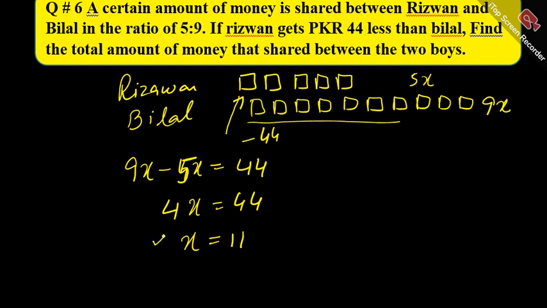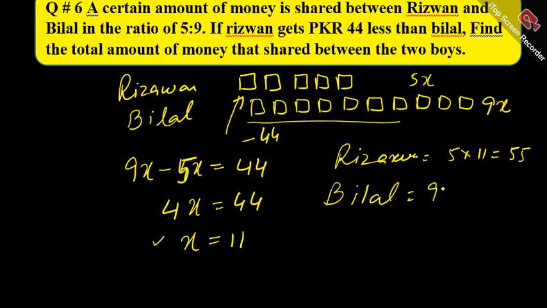So when we get x is equal to 11, how much money does Rizwan have? What is the ratio of Rizwan? 5x, so 5 into 11, that is 55, right? And what is Bilal's portion of money? That is 9 into 11, which is 99. And what do we have to find? We have to find the total money.